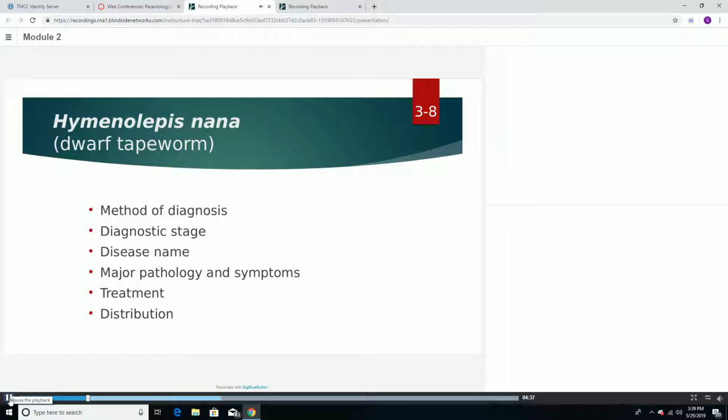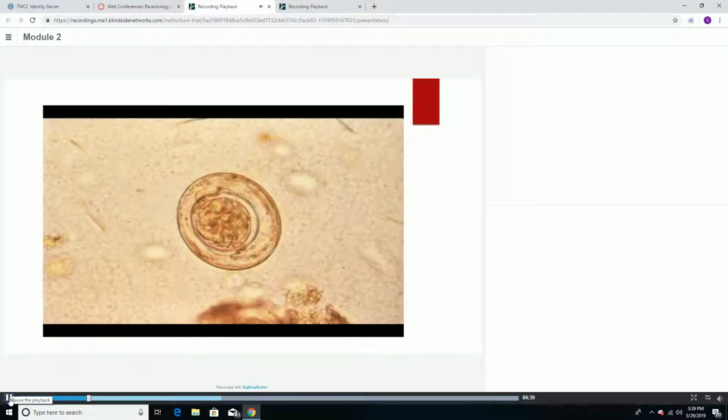So we'll just go to the next slide and have a look at the egg here. This is the diagnostic stage. So most of the time in parasitology, especially, but in the lab, it's small details, one simple detail that could help lead us to a diagnosis. So here we see the diagnostic stage or the egg. With this egg, you see a colorless shell here. We have filaments emerging from the polar thickenings.